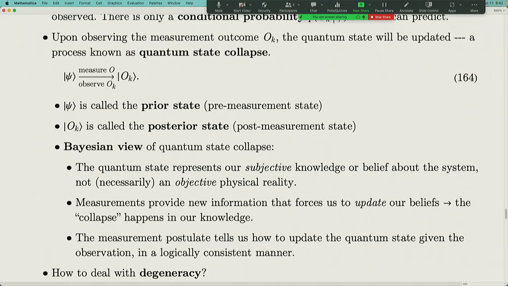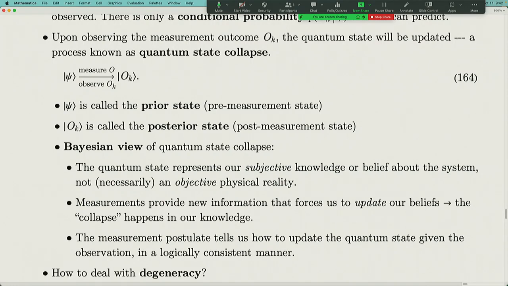Maybe at the beginning we don't have any knowledge. At that point, we should assume that the system is in a certain prior state, which is completely random. But then as we make more and more observations, we should update our prior state to a posterior state. And this process doesn't happen in reality, it happens in your mind. So measurement provides new information that forces us to update our belief inside our mind, and this collapse happens in our mind, in our knowledge space.